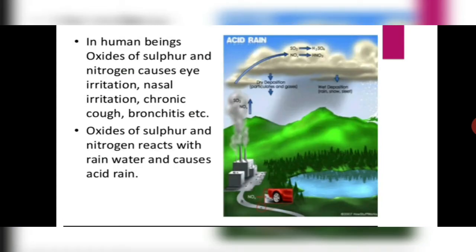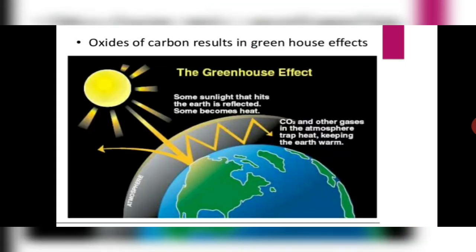Whereas in human beings, the oxides of sulfur and nitrogen cause eye irritation, nasal irritation, chronic cough, bronchitis, and various other allergic responses. These oxides of sulfur and nitrogen react with rainwater and cause acid rain. They destroy the property and also have a very bad effect on the plant life.